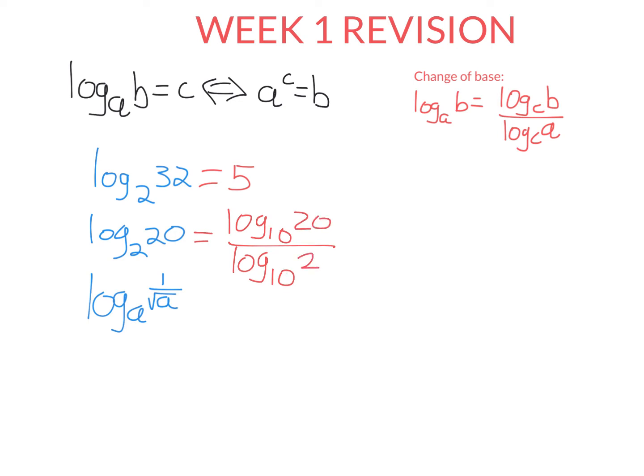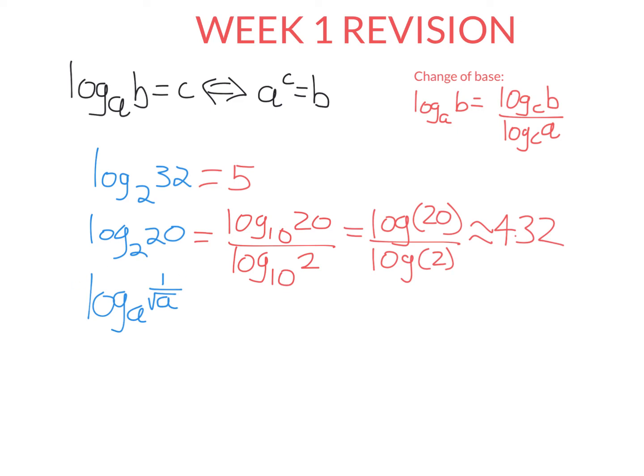So I could put it in my calculator like this. So note, when you just write log by itself with no base, it's implied that it's base 10. So in your calculator, you can just put log 20 over log 2 and you get about 4.32. Why is that the answer? 2 to the power of about 4.32 equals 20.